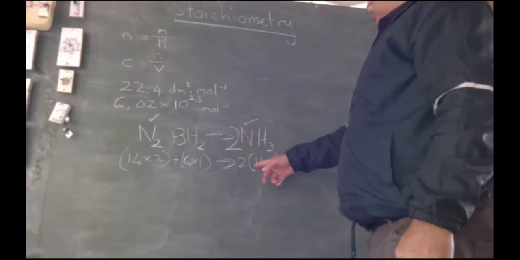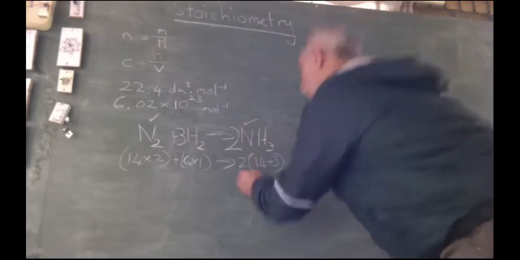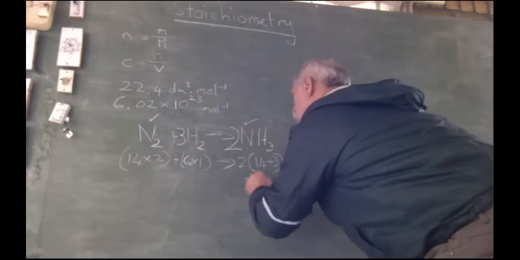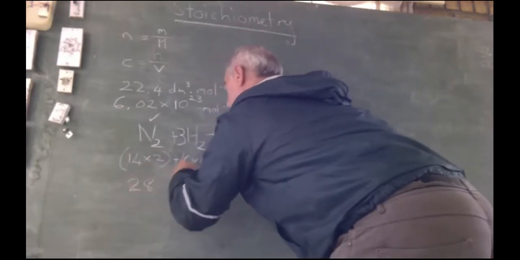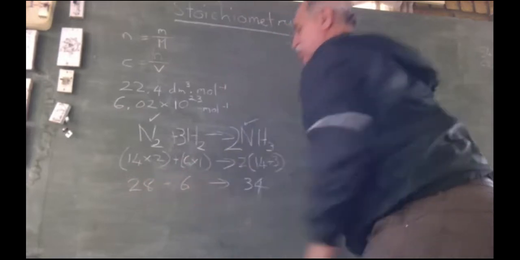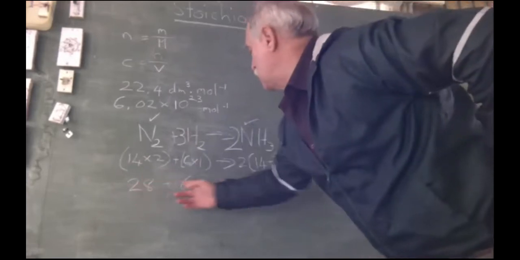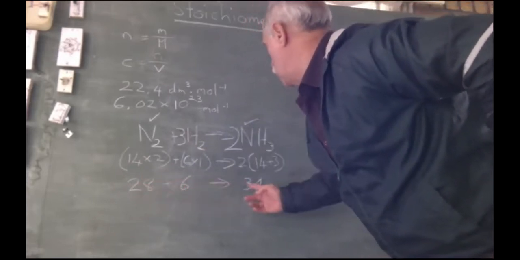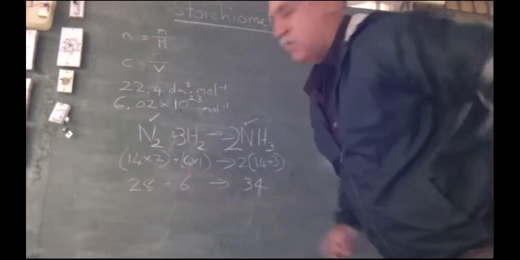So that's 2 times 14, 15, 16, 17, 34. And this is 14 times 2 is 28, and that 6 times 1 is 6. Those numbers must add up, otherwise we've made a mistake. So 28 plus 6 is 34. Now, that is the ratio in which nitrogen combines with hydrogen to form ammonia.